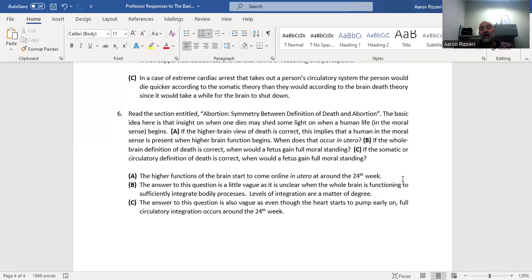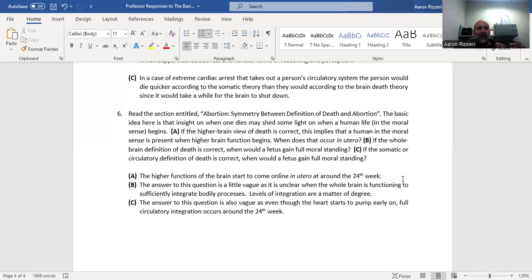So the higher functions of the brain start to activate and develop around the 24th week. That would imply that abortions after the 24th week would be much harder to justify than any time before, and may even be unjustifiable, except maybe to save the life of the mother or something like that. Again, we'll go into abortion deeper later.